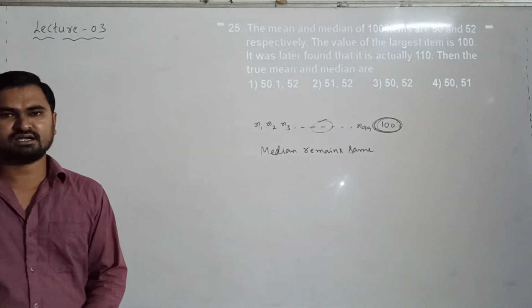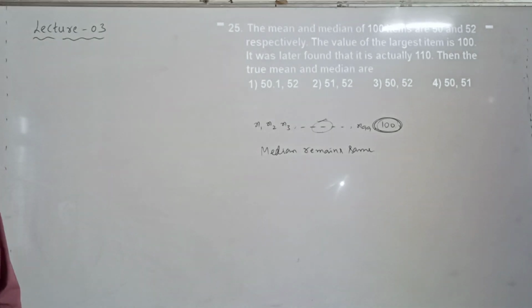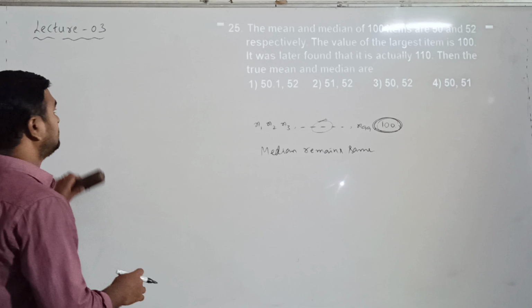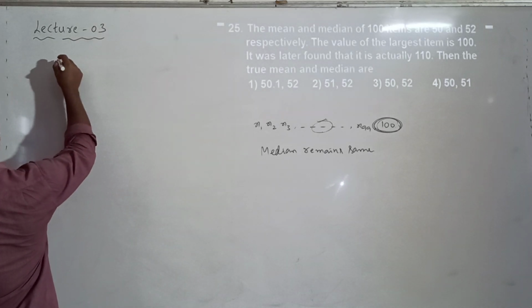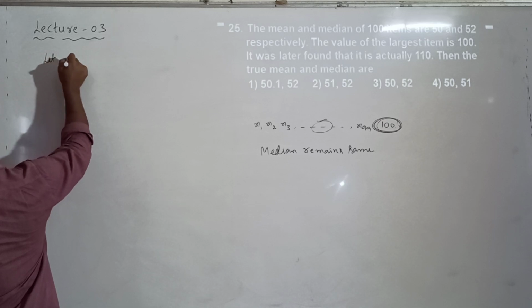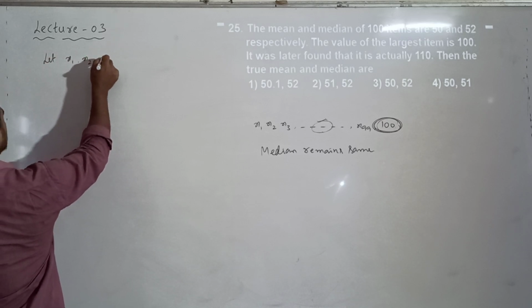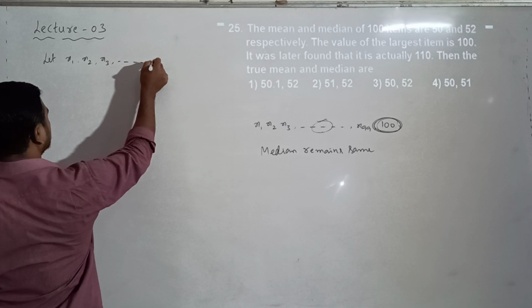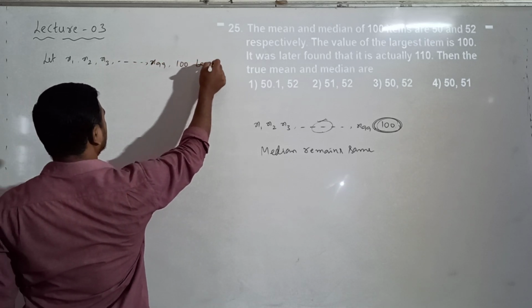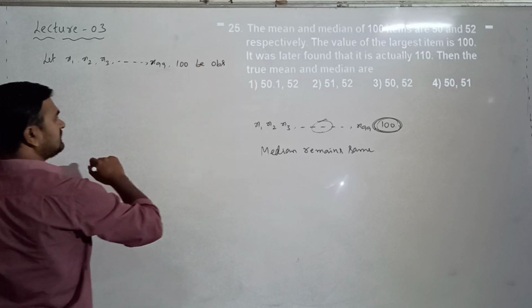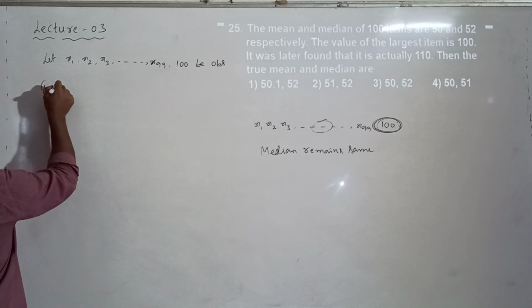Now we'll find the correct mean, because the median does not change. Take the observations as x1, x2, x3 and so on up to x99 and the 100th observation.